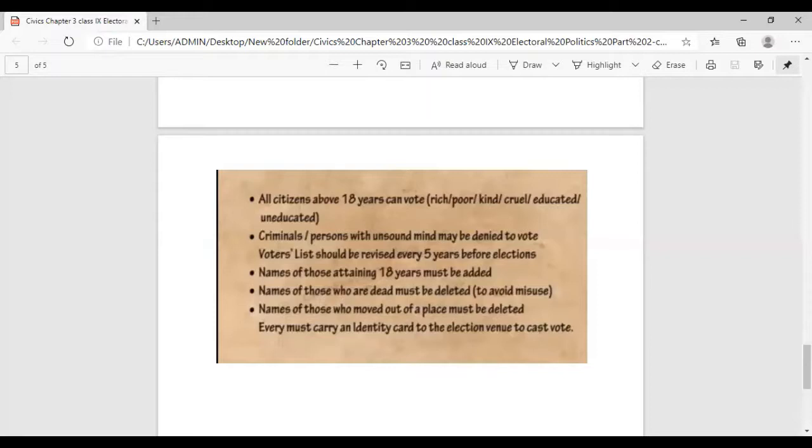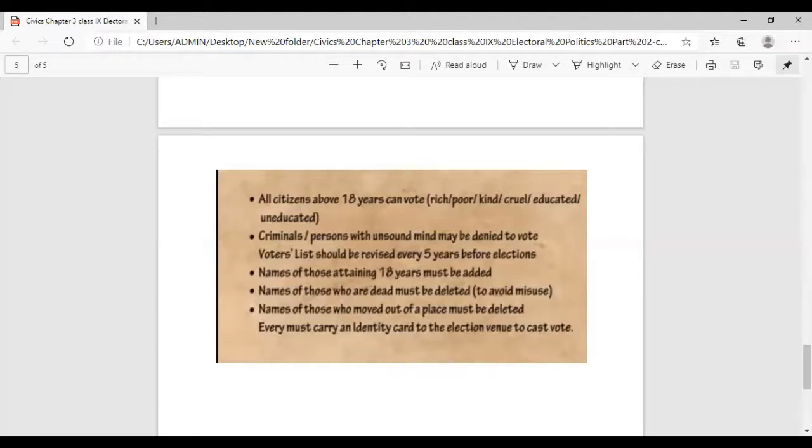It is the responsibility of the government to get the names of all the eligible voters put on the voters list. The voters are required to carry the election photo identity card, EPIC, when they go out to vote, so that no one can vote for someone else.